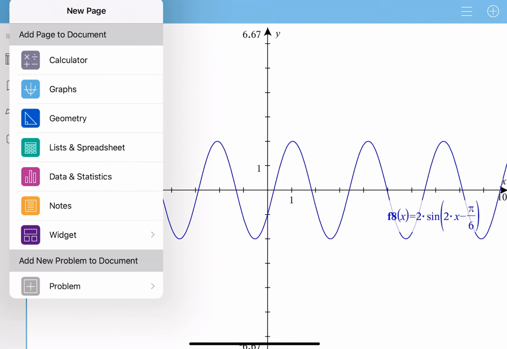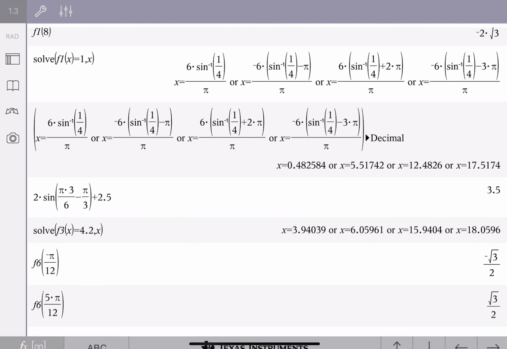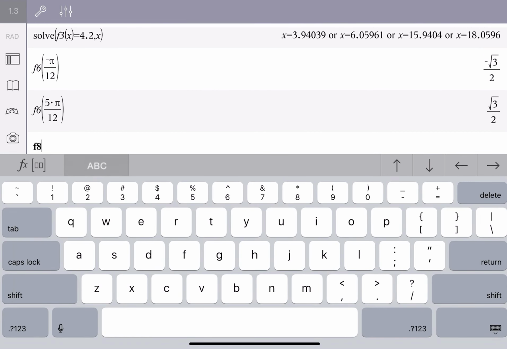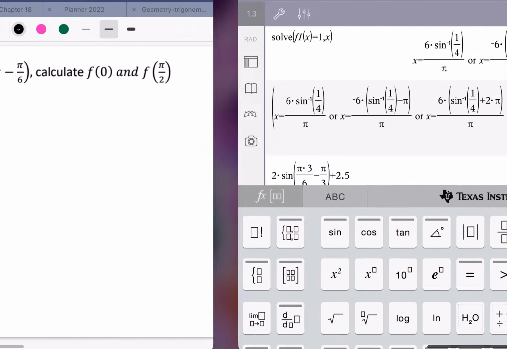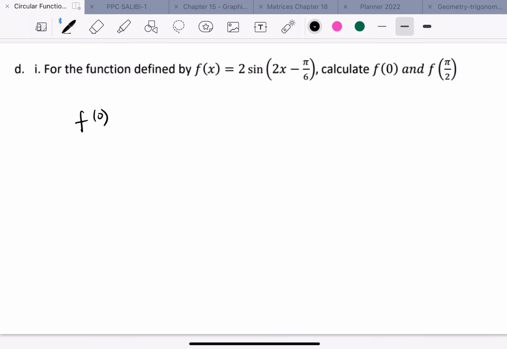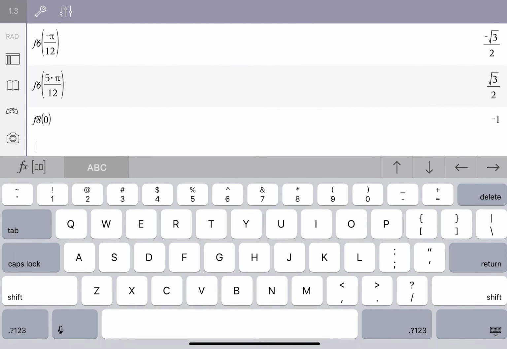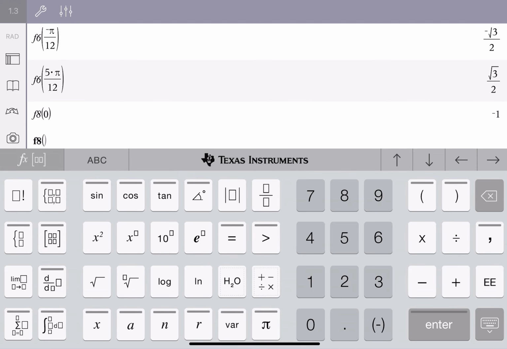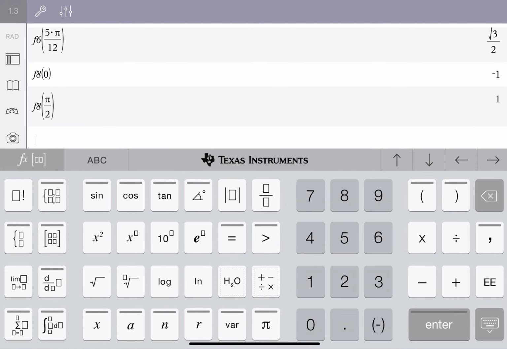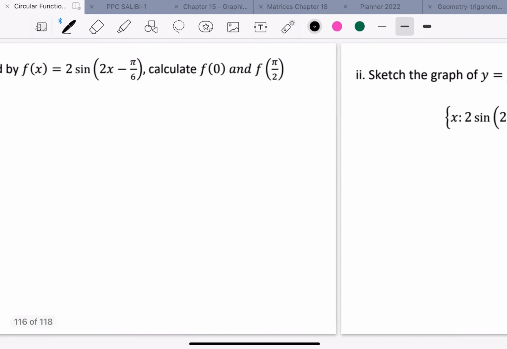Calculate f of 0, so I can go to my calculator page. So f of 0 is negative 1. And then how about pi on 2? We'll do the exact same thing. That will be positive 1. Okay, so those are those two values.